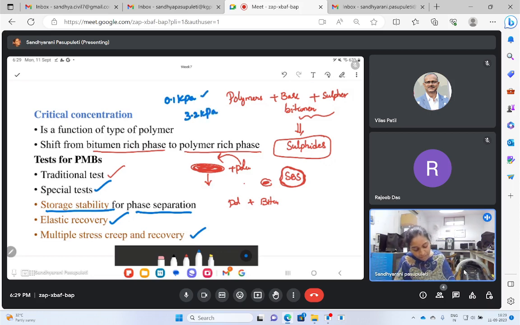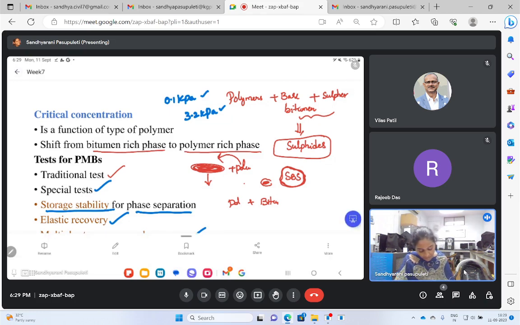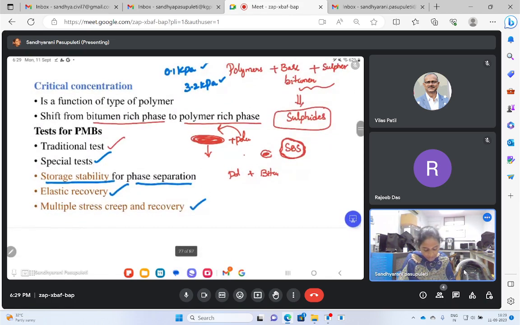When I keep applying these two stresses on the modified bitumen, what is the response of that bitumen? And when I provide some recovery in between these stresses, how much of the deformation gets recovered? These responses can be understood from the multiple stress creep and recovery test.